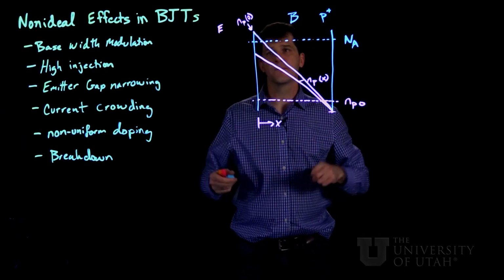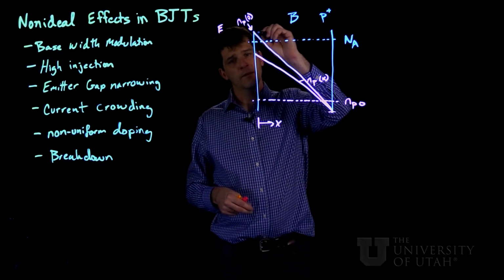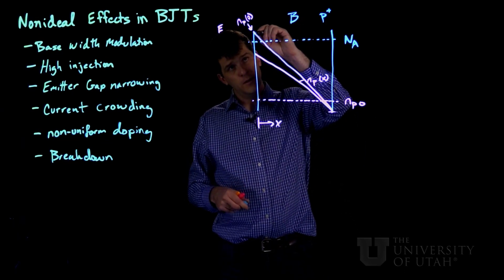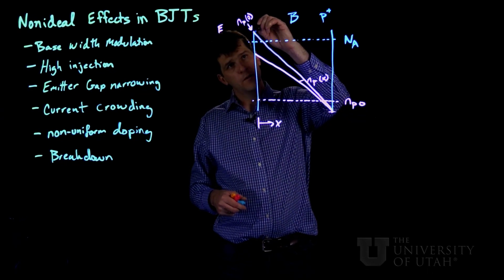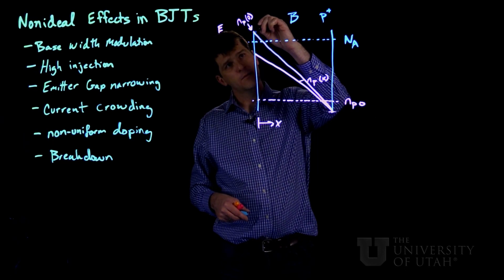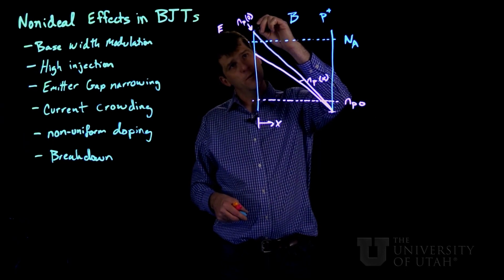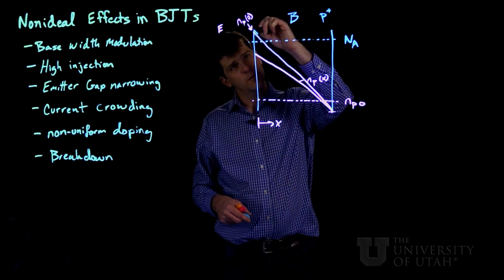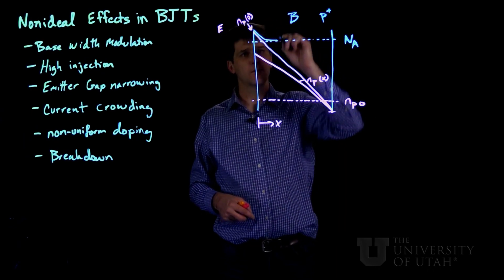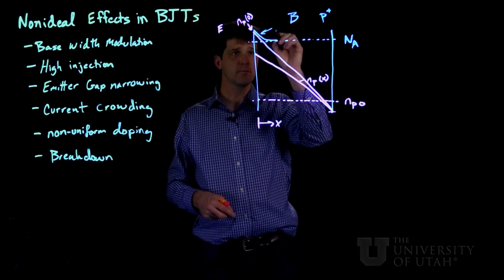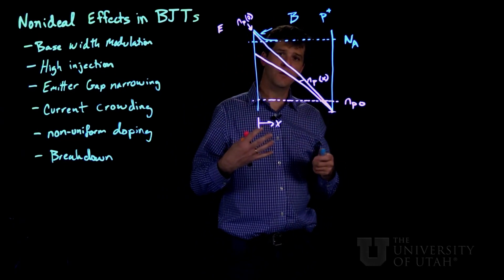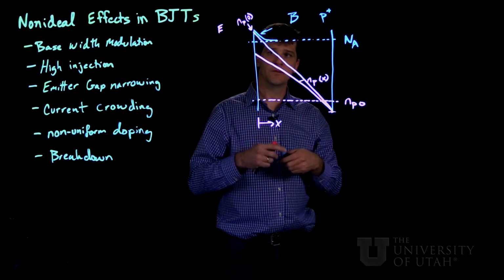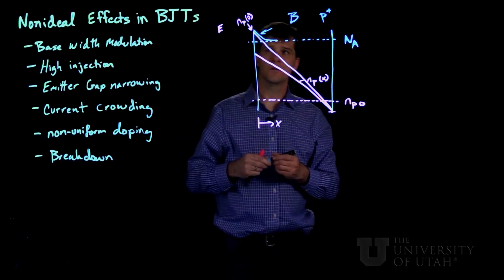equilibrium holes. Now this is a bad situation because what this would imply is that the base is actually charged negatively at that point. So it turns out that the base will actually bring in some holes to counteract and neutralize that excess charge right there at the beginning.